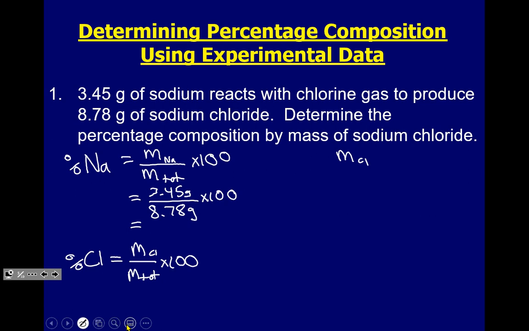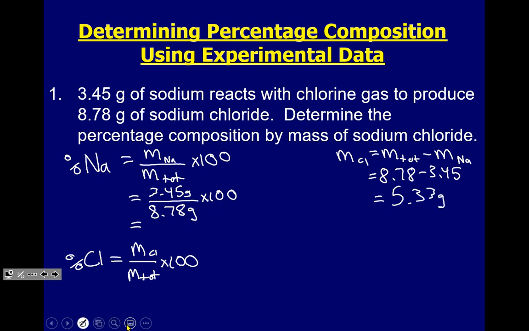Yeah, total minus the mass of the sodium, because there's only two elements in there, so we can easily take a difference there. Now, I don't need to see these steps written out with all of these letters, but because I'm teaching you how to do it, I'm going to write it out with all the letters. But the mass of the chlorine would be the mass total minus the mass of the sodium. That's going to be 8.78 minus the 3.45. And I'll take a number on that if someone could calculate that for me. Yep. 5.33 grams, and that's the mass of the chlorine.